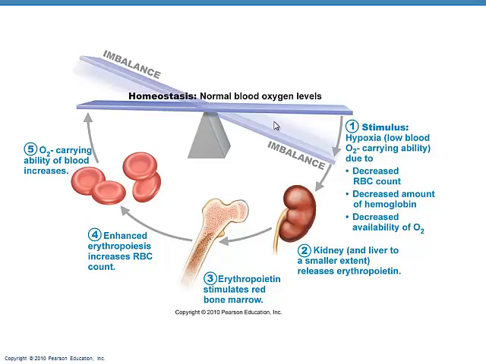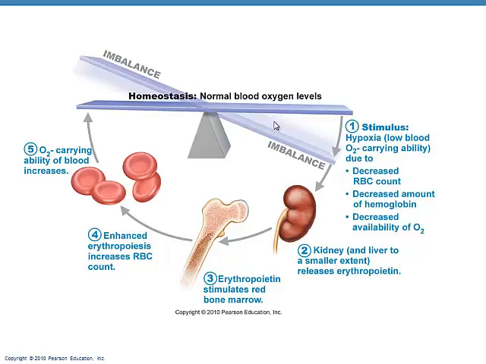All right. So regulation of production of red blood cells. Here we see one of our feedback mechanisms, and it's dependent on oxygen levels in the circulatory system. So stimulation for increased production of red blood cells would be hypoxia. What's hypoxia? Low oxygen levels for whatever reason.